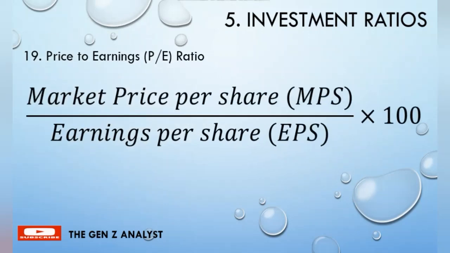And then we also have the price to earnings ratio, which we also call the PE ratio. This is, I would say, the most important investment ratio that we have in finance, because this ratio tells us the potential growth of the share price of the business we are valuing.